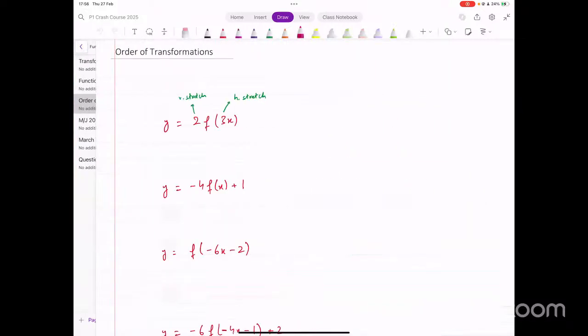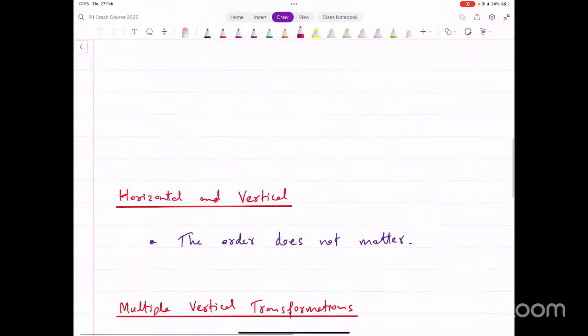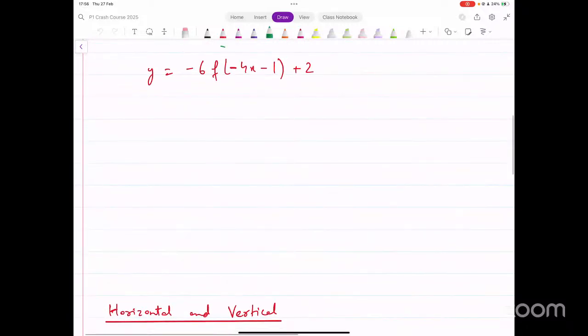And then we talked about order of transformations. You can have a combination of these transformations as well. For instance, you can have all of these transformations applied at the same time like this, right? Vertical and horizontal. How do you decide which one to do first?